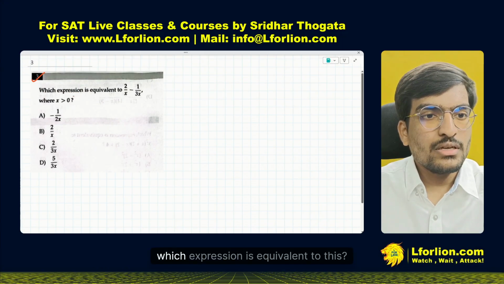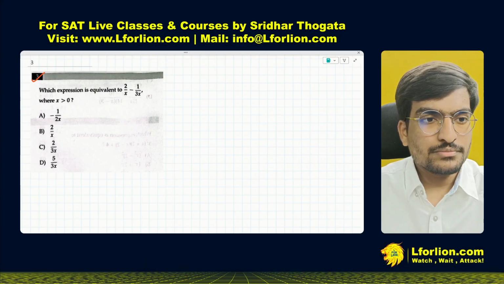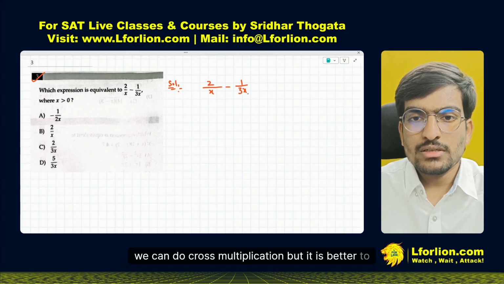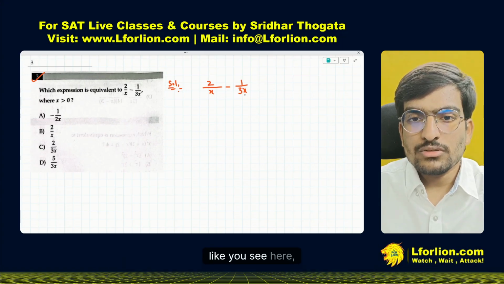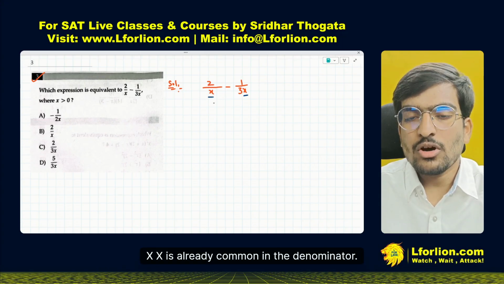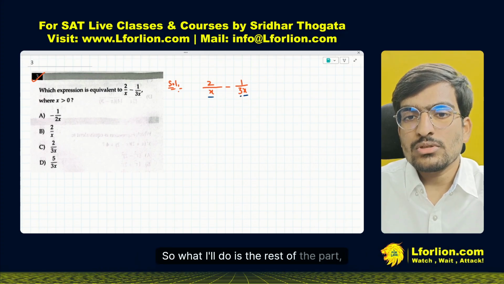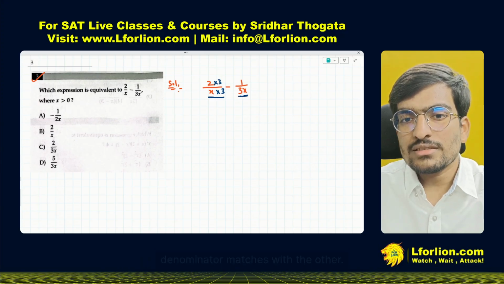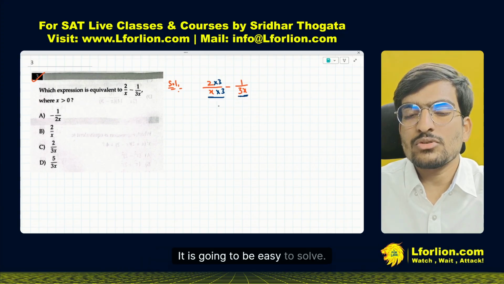Question 3, which expression is equivalent to this? We can do cross multiplication, but it is better to do it this way. Like you see here, x is already common in the denominator. So what I'll do is multiply the rest of the part in the denominator as well as in the numerator, so that this 3x in the denominator matches with the other. It's going to be easy to solve.